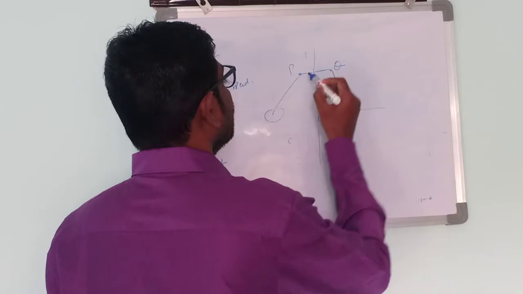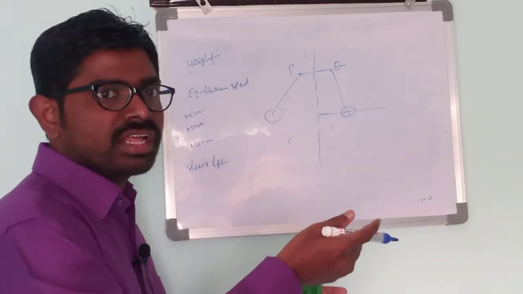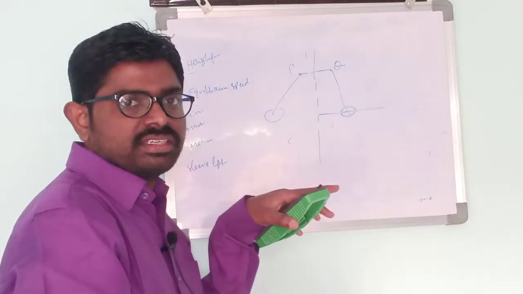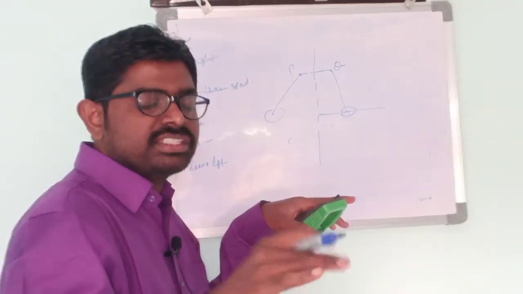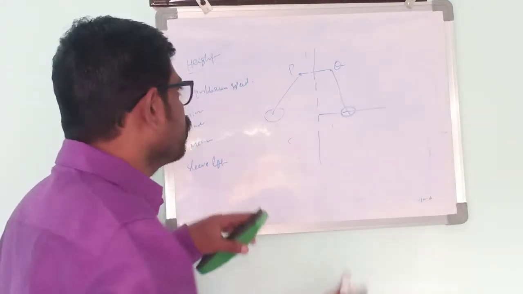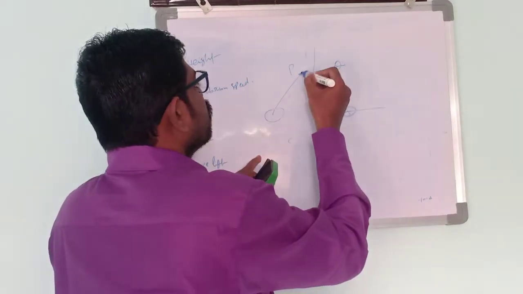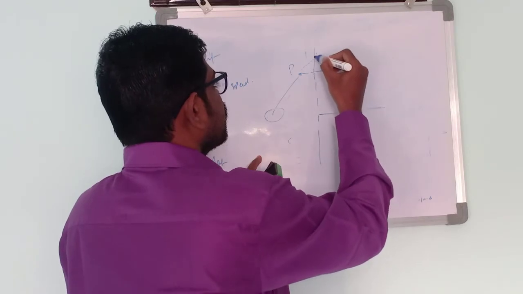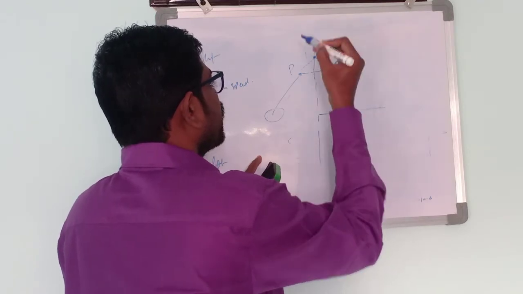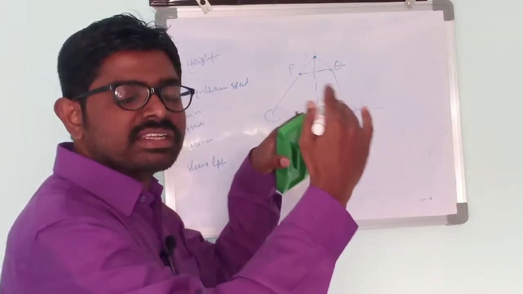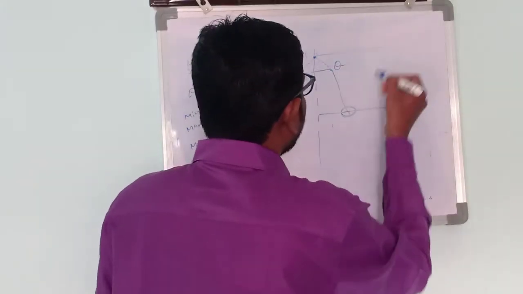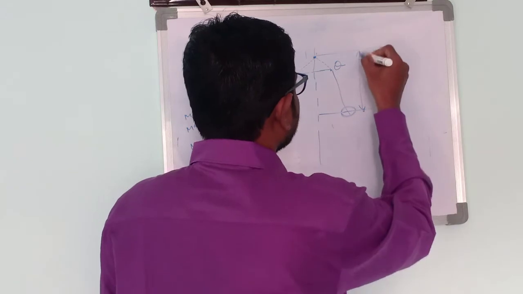Originally, in this design the arms are not intersecting on the spindle axis; they are at an offset distance. So we have to extend the arms like this. Then at a particular point, these two arms will intersect on the axis of the spindle. From this point, I have to take the height of the governor.